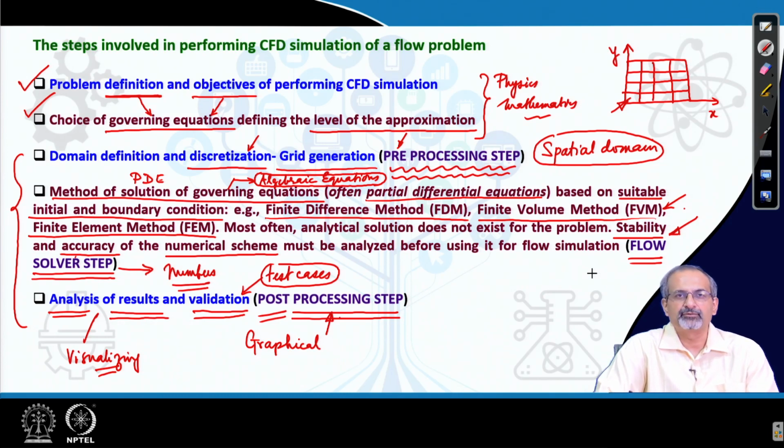So, you may actually have to use matrix based approaches to solve them. Once you solve them, you have a large solution set which are essentially numbers. You then have to plot them by using some graphical tools, and then once you see the numbers displayed through some visualization by using contours and colors and so on, you should be able to interpret the results qualitatively to begin with, and then quantitatively.